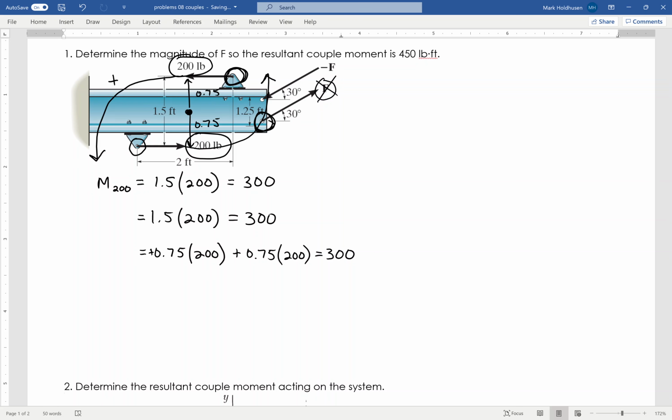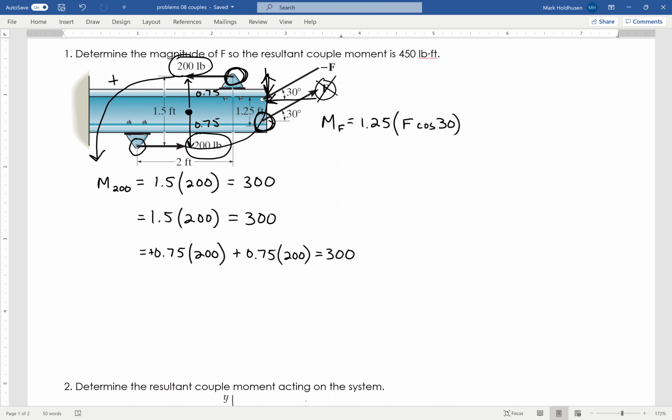So the only one I have is the negative F, and of course, the vertical component of that goes right through the point.